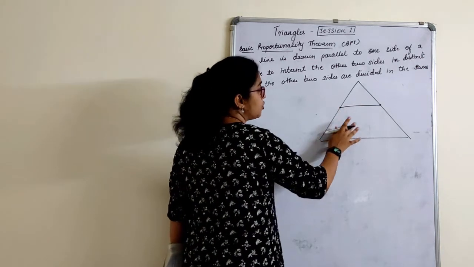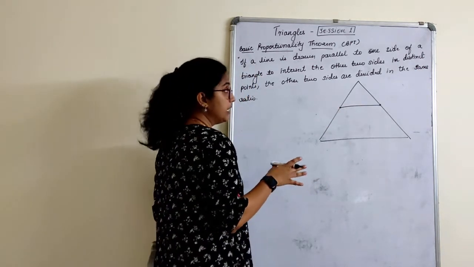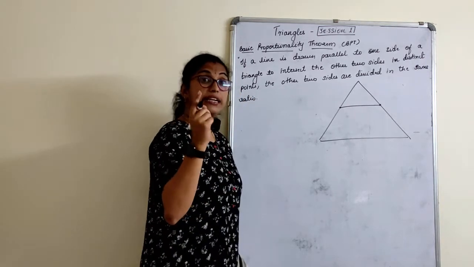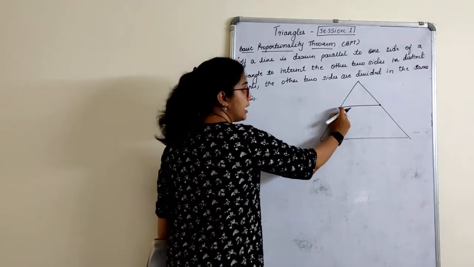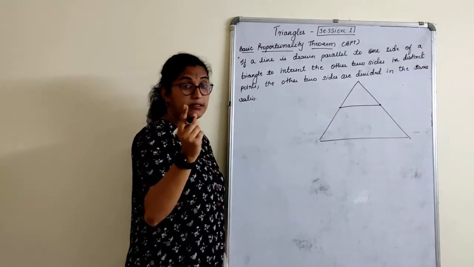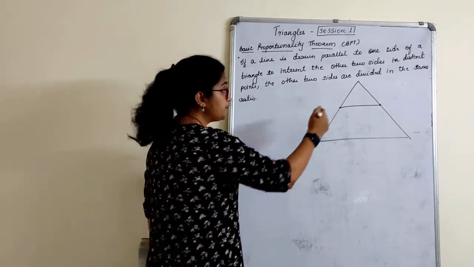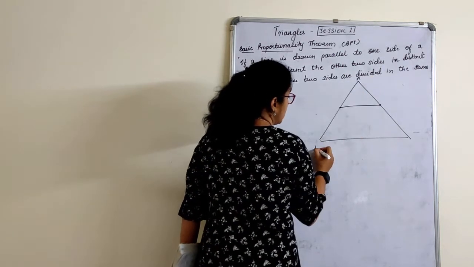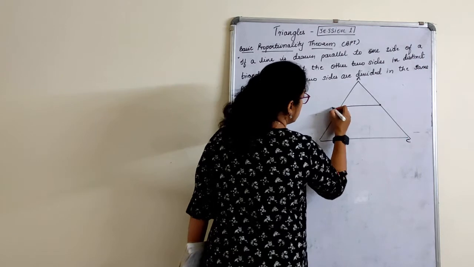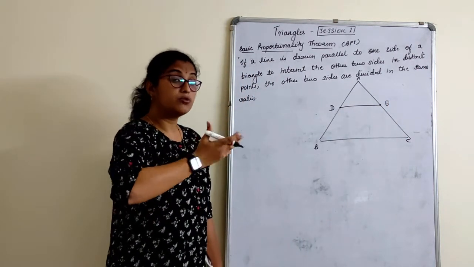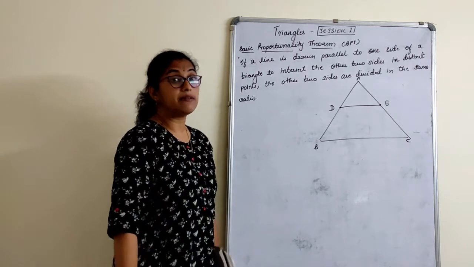So if a line is drawn parallel to a side of a triangle such that it divides the triangle at two distinct points, of course it can only cut at two distinct points here, then it divides the triangle in such a way that, so A, B, C, if this is D, E, it divides the other two sides of the triangle in the same ratio.